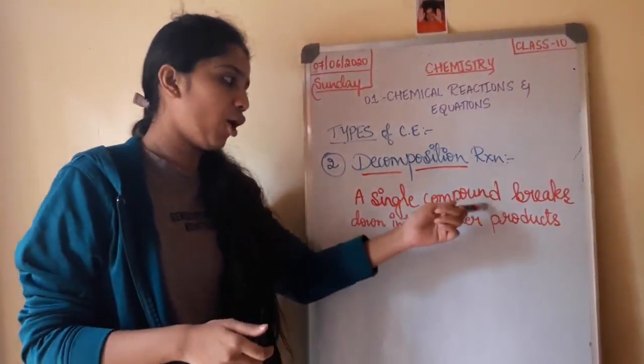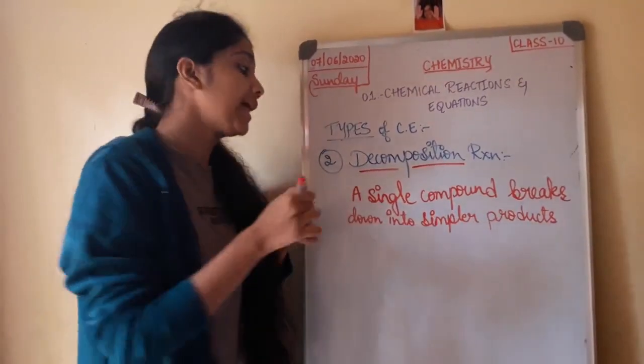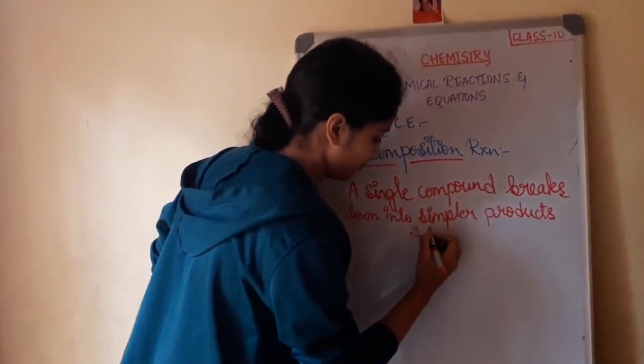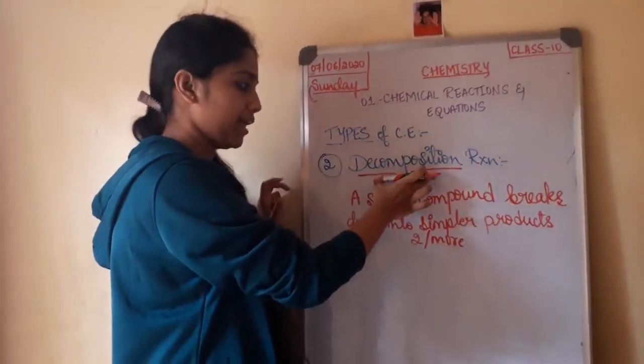A single compound breaks down to form simpler products. It can be 2 or more simpler compounds, and this is what we call the decomposition reaction.